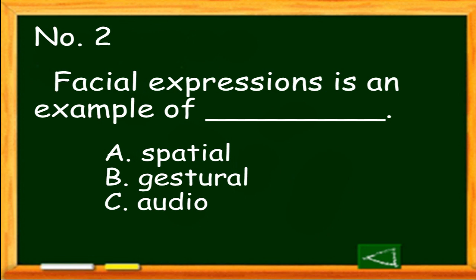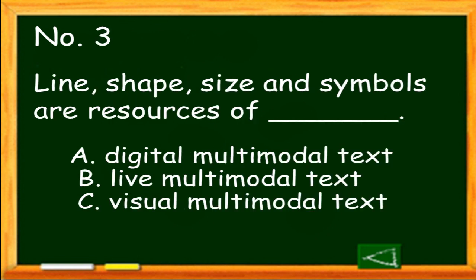B. Gestural. C. Audio. Number 3. Line, shape, size, and symbols are resources of A. Digital multimodal text. B. Live multimodal text. C. Visual multimodal text.